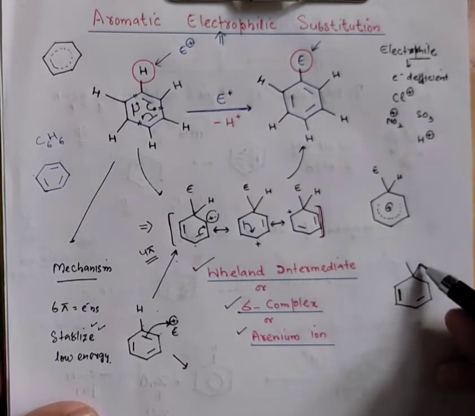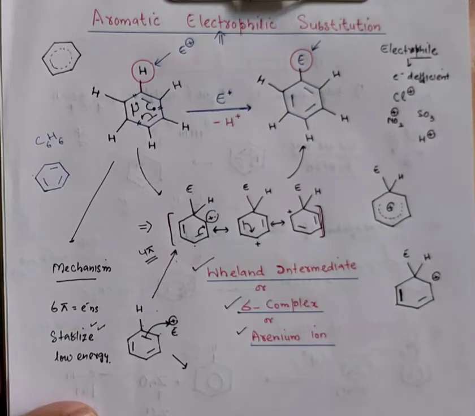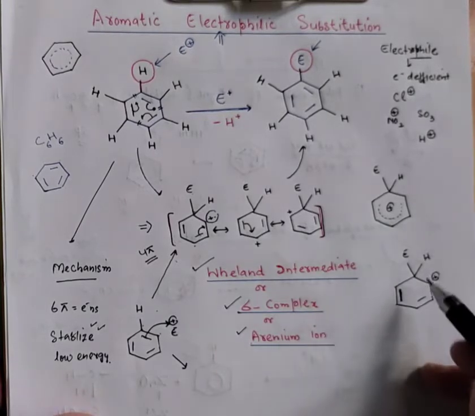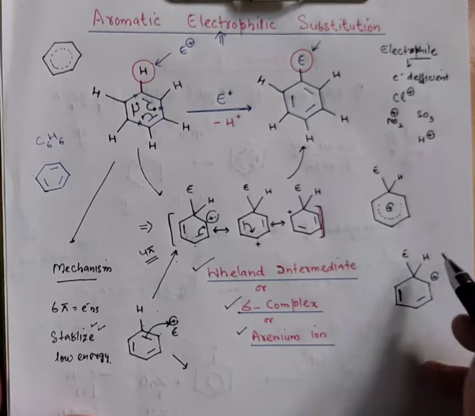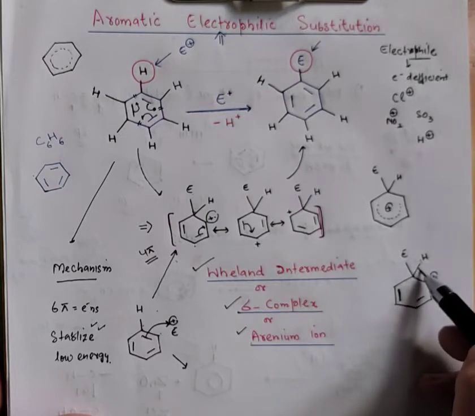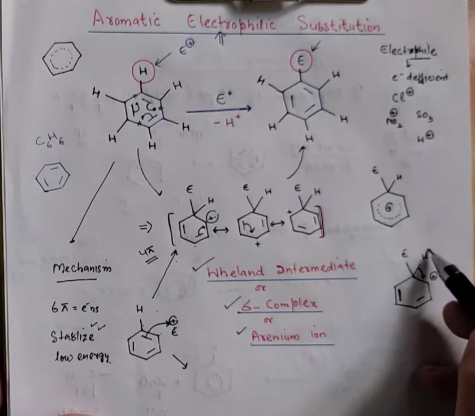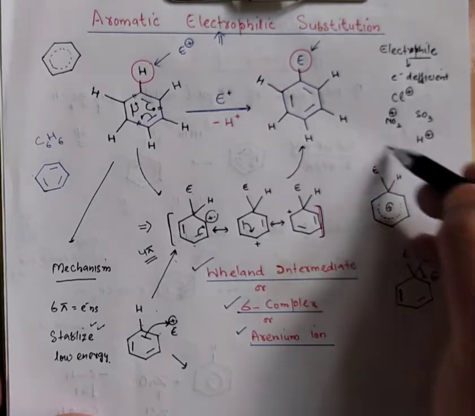So we have hydrogen here. Okay. So now we have a plus charge here. So what happens in order to remove this plus charge? This carbon-hydrogen bond comes here. So H is released in the form of H plus. So finally what is formed is this structure.